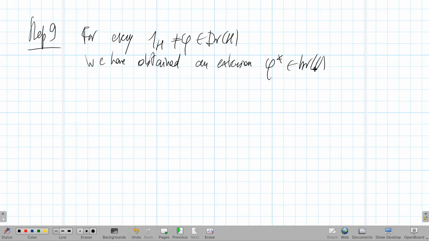An extension phi star, which is irreducible. So remember, what does an extension mean? It means that phi star of h equals phi of h if h is in H, okay?